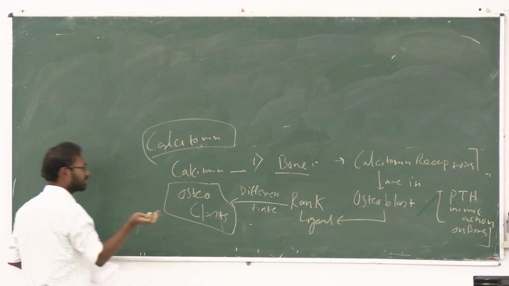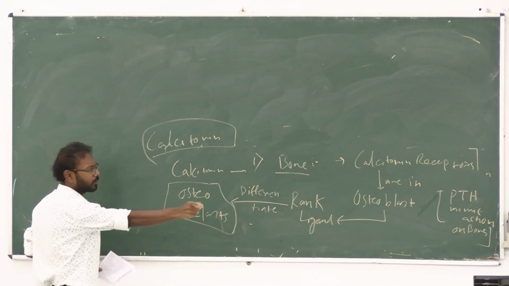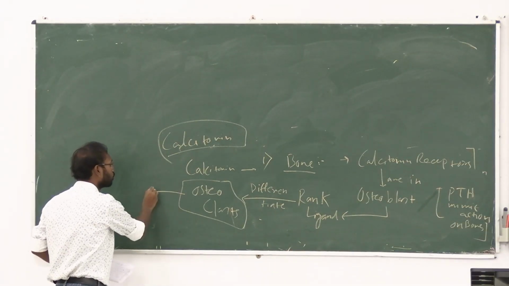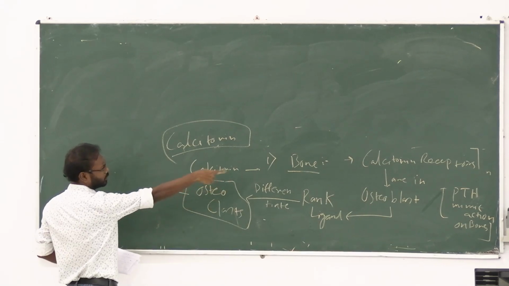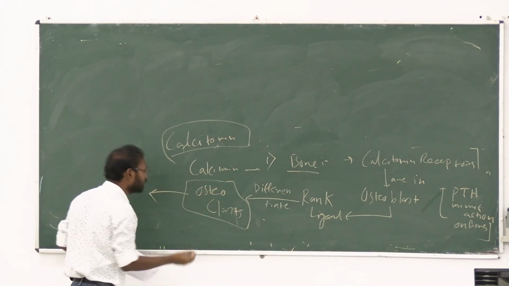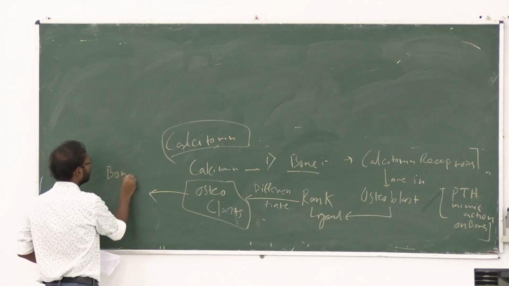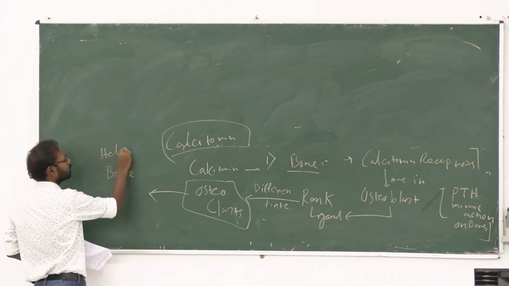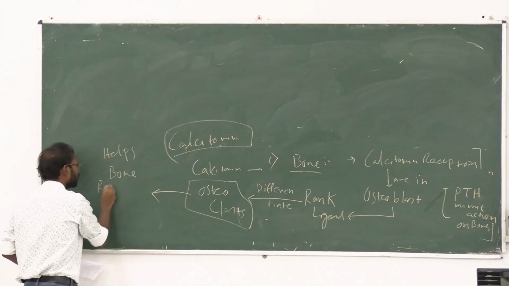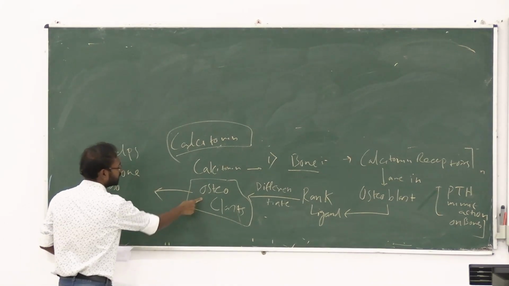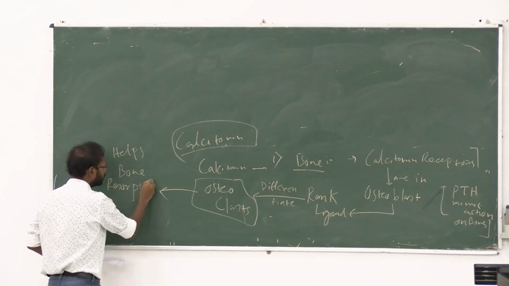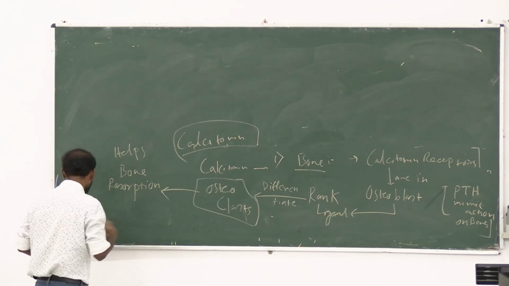Bone resorption. আগের দিনই বলেছি osteoblast is bone formation, osteoclast is bone resorption or bone breakdown. So since this increases osteoclast differentiation, it will help in bone resorption, because the function of osteoclasts is bone resorption only. Resorption means breakdown.